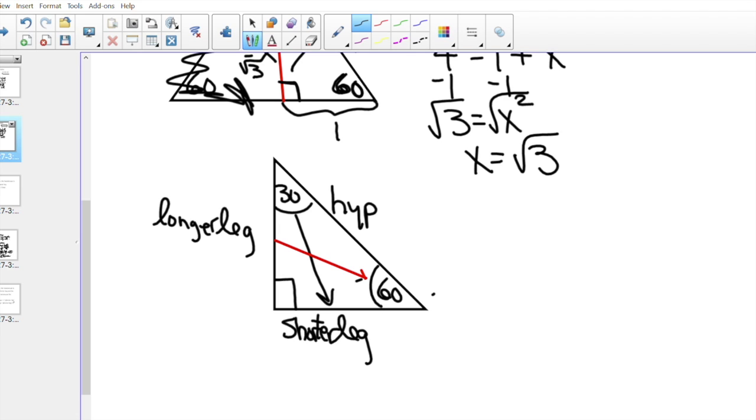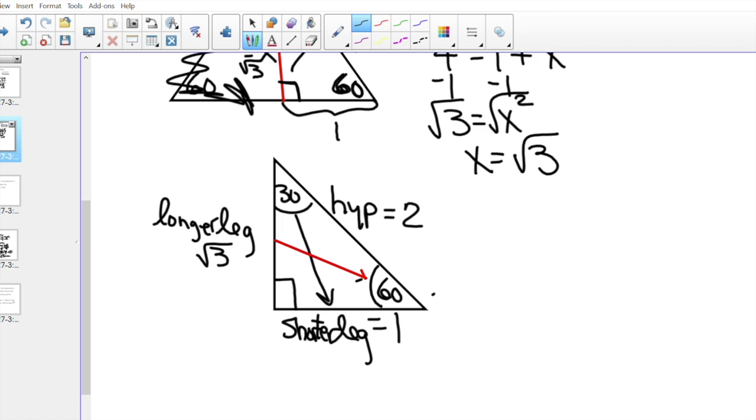And the shorter leg is the side opposite the 30-degree angle. Now what that leads us into is this. The hypotenuse would be 2. The shorter leg here would be 1. And the longer leg would be the square root of 3.